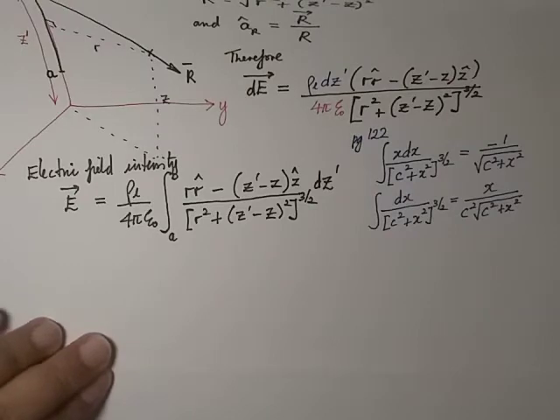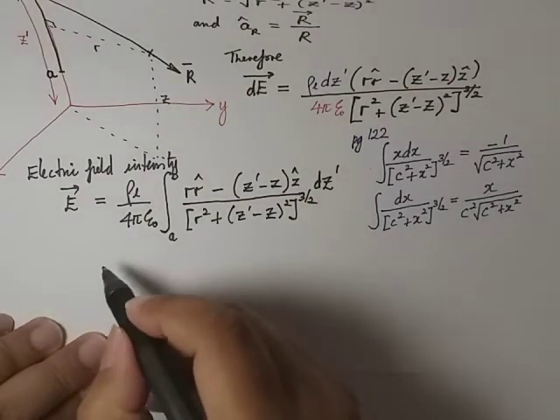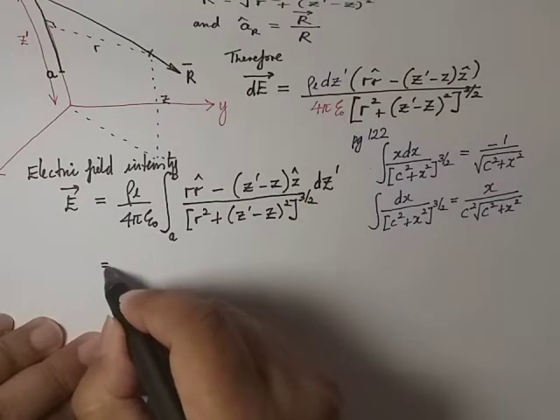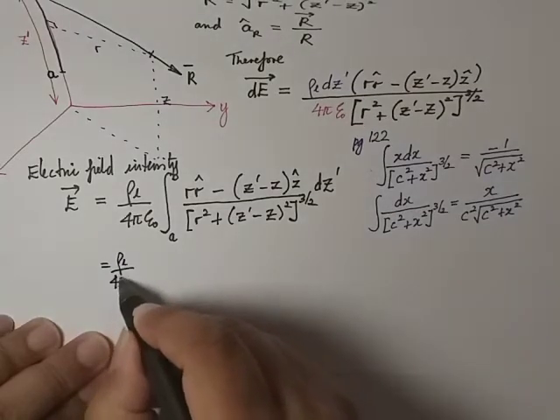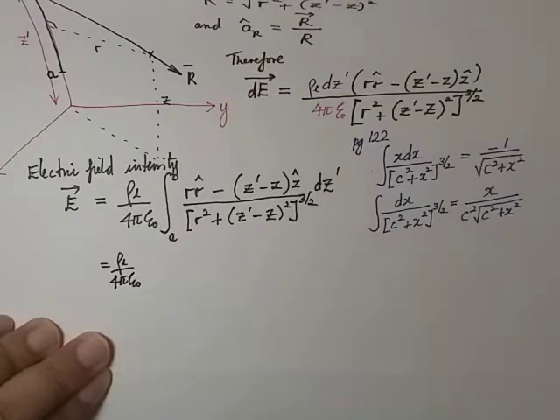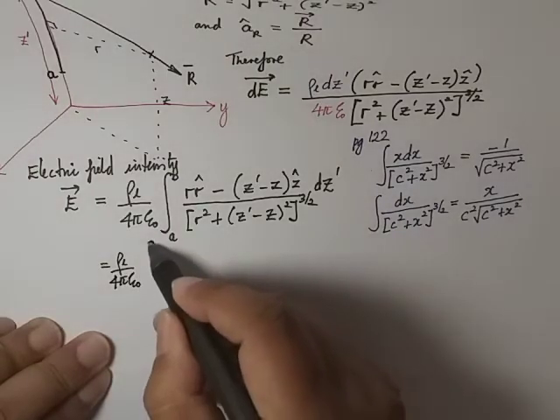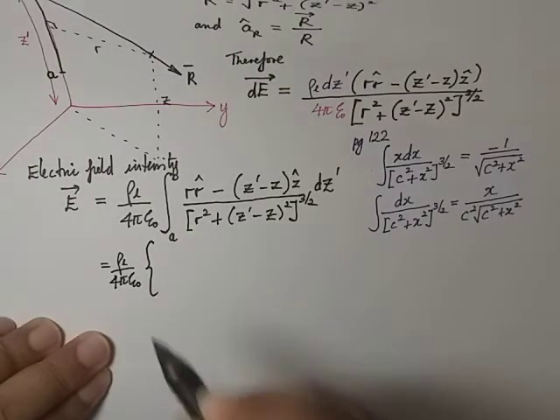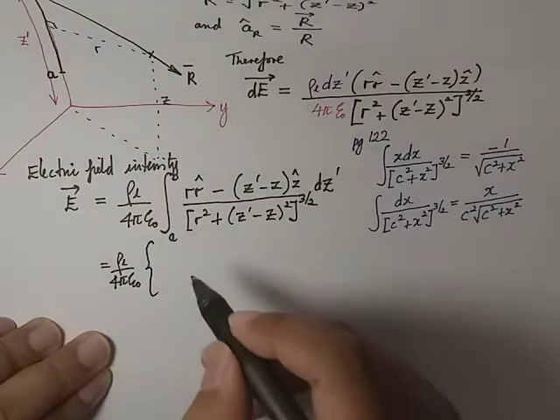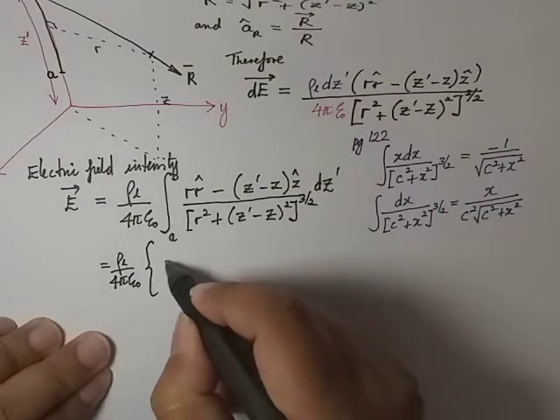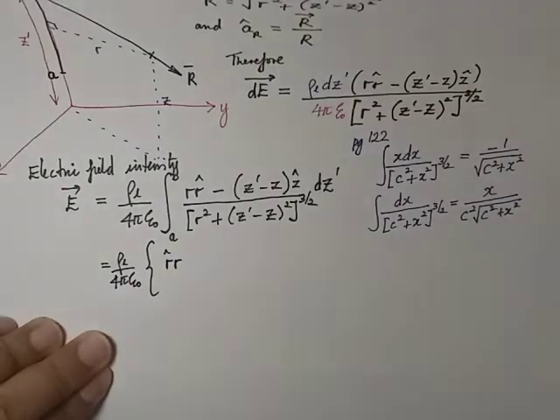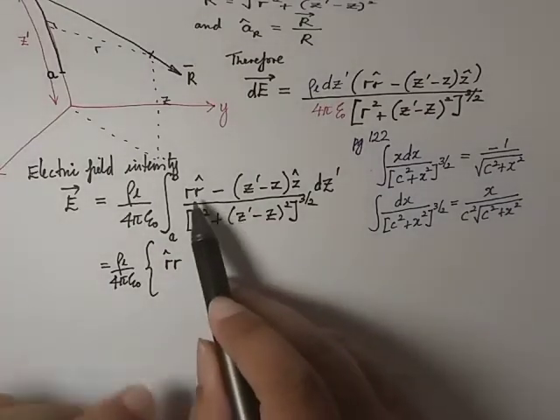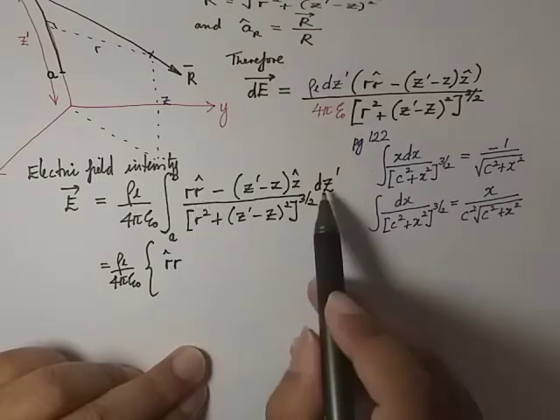So we have a constant now, which is equal to rho L divided by 4 pi epsilon naught. First I see there's an R term there, so R direction, R magnitude. If I do this integration, I can see that it is dz.